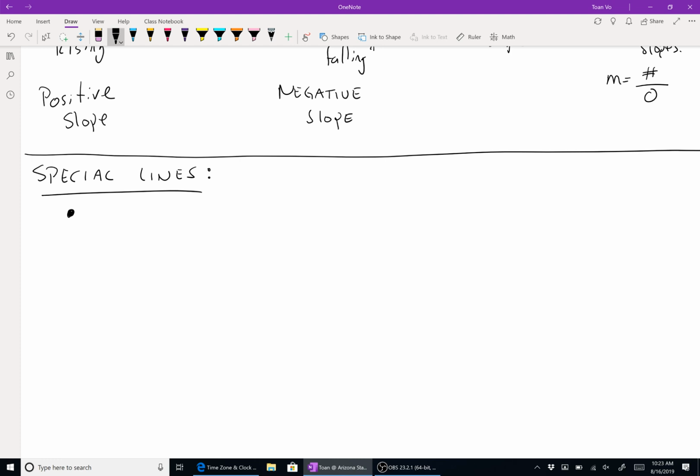When I think of special lines, I think of parallel lines. Parallel lines. And if you guys remember from geometry, the definition of parallel lines: two lines that never touch. Two lines that never intersect, two lines that never touch.